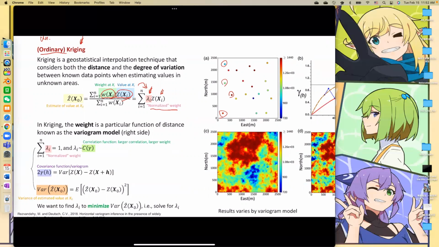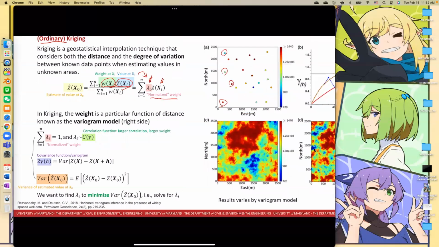But in kriging, we add some constraints. First, the sum of the normalized weights is equal to 1, to make sure our estimation is unbiased. Then this lambda, or weight, is a function of the correlation function.